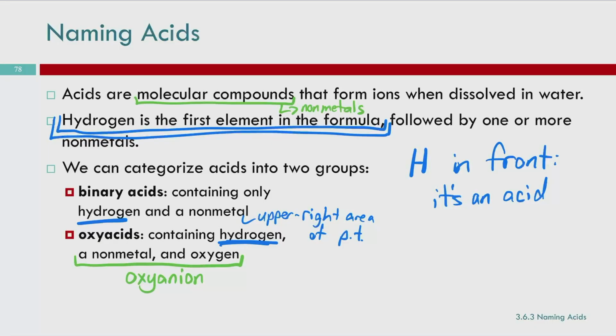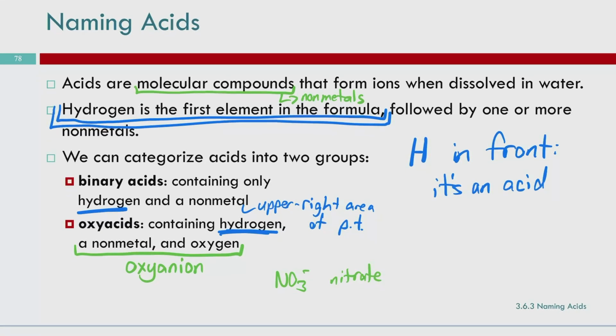So the things that end in ate and ite that we were looking at yesterday, and they might also have per or hypo in front. So like NO3 minus is nitrate. We might see NO3 show up in an oxyacid. And we've got different naming rules for both of them. So that's why we're separating them into these two groups.